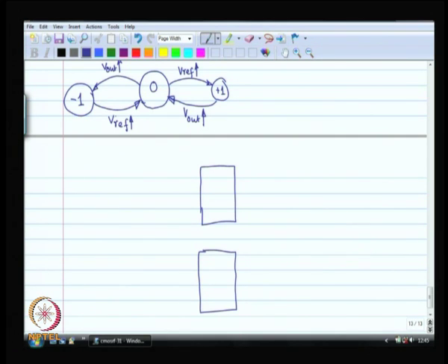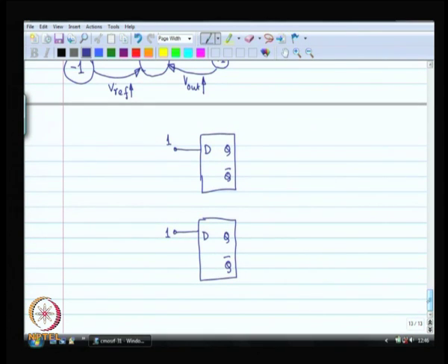And what I am going to do is, I am going to just go ahead and draw the system. It is not terribly straightforward to design it from scratch. So, and it is going to take a lot of time. So, I am just going to go ahead and draw it.